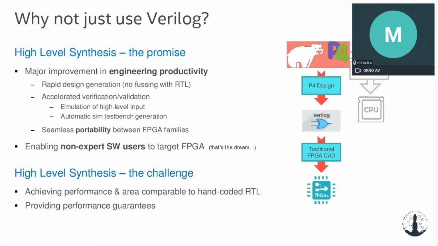We also have some disadvantages or challenges related to P4. One of the problems is achieving performance and area comparable to hard-coded RTL, and also providing performance guarantees, because with P4 we can generate code, but we have a limit.